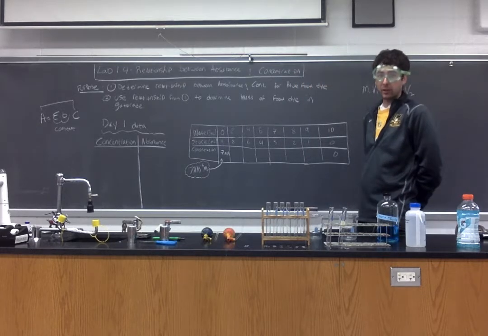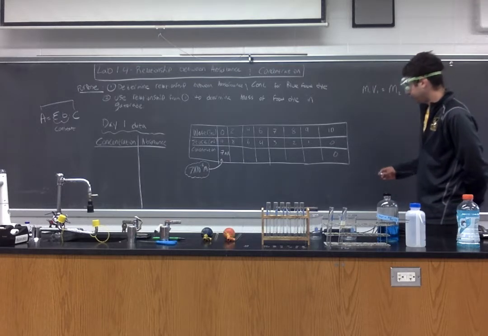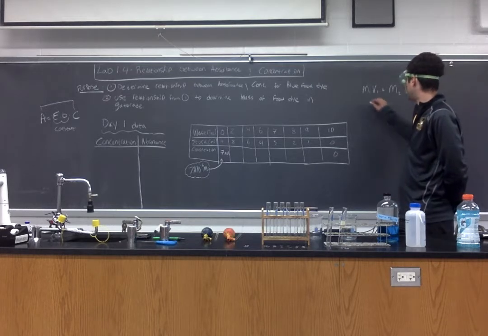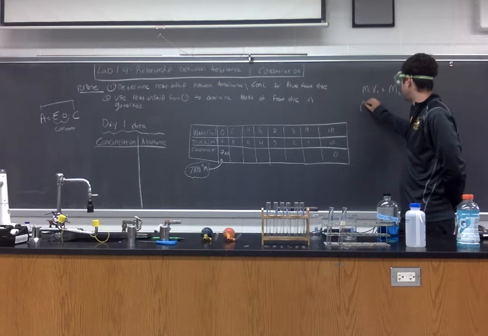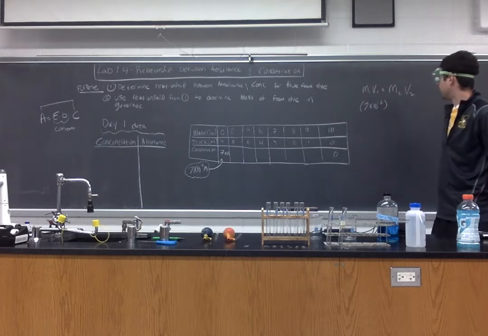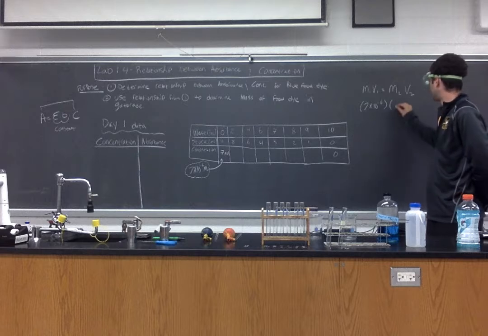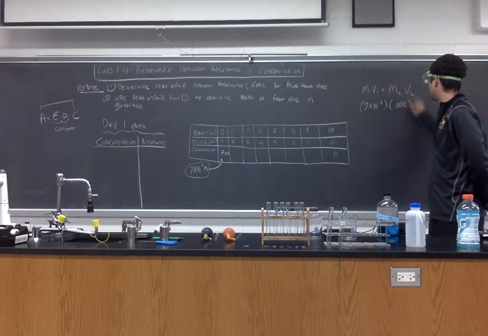Let's take a look at how that looks mathematically. What are we starting with? We are starting with a concentration of stock solution of 7 times 10 to the negative 6 molar, or moles per liter. The volume of stock solution that we are using is 8 milliliters, or 0.008 liters.